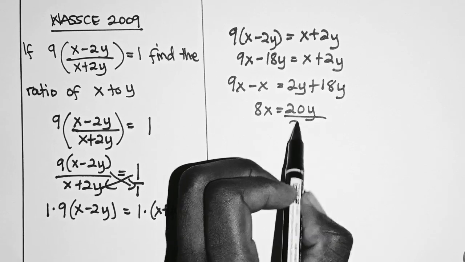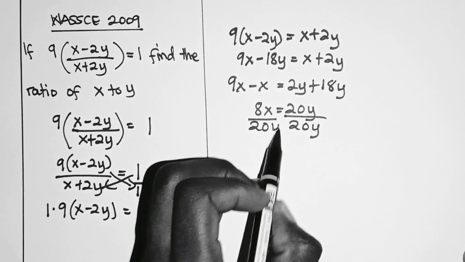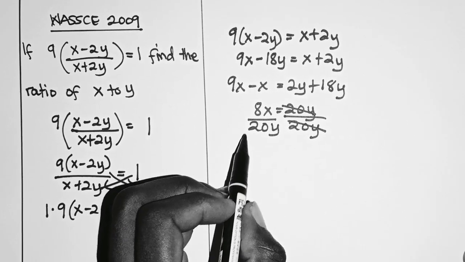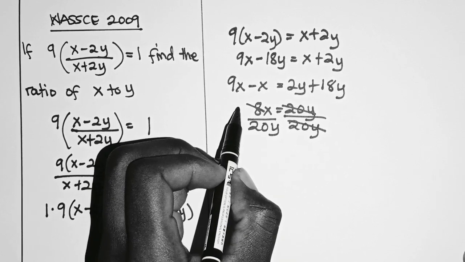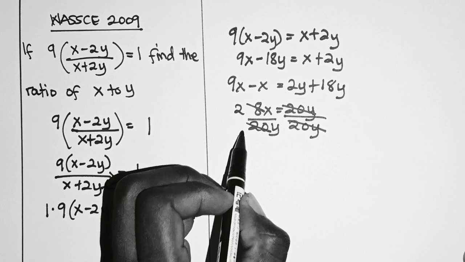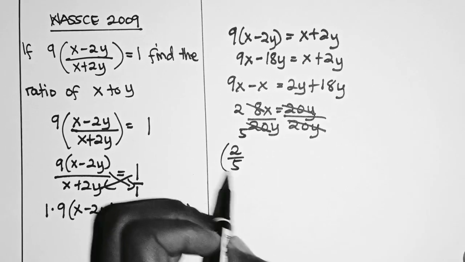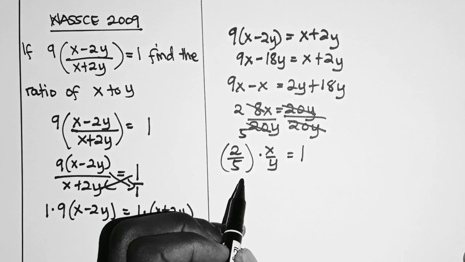So let's divide through by 20y on both sides. So this and this will cancel. At the end of the day, we have 8 divided by 4 is 2, then 20 divided by 4 is 5. So we now have 2 divided by 5 times x divided by y equals 1.